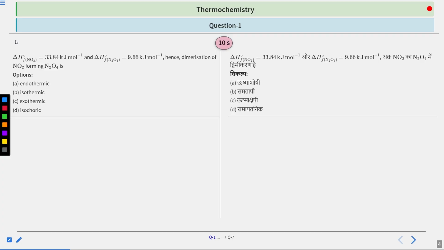Hence dimerization of NO2 forming N2O4 is, your options are A endothermic, B isothermic, C exothermic, D isochoric. The hint for this question is that you should first write the equation and then try to solve the question, meaning for the dimerization of NO2. Okay. So your 10 seconds to solve this question starts now.